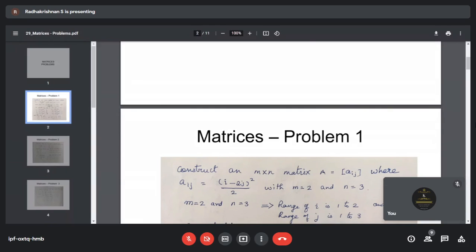So we'll have to calculate this value of aij for i ranging from 1 to 2, because M is given as 2. So i will range from 1 to M and j will range from 1 to N, that is in this case 1 to 3. For all those combinations, we calculate aij and fill that matrix.